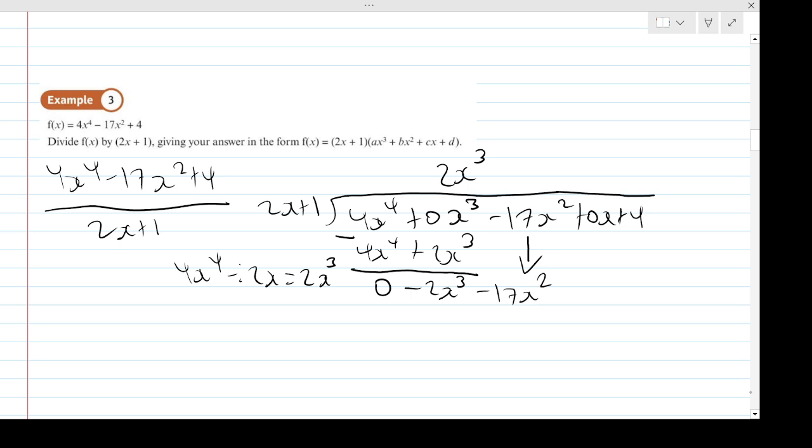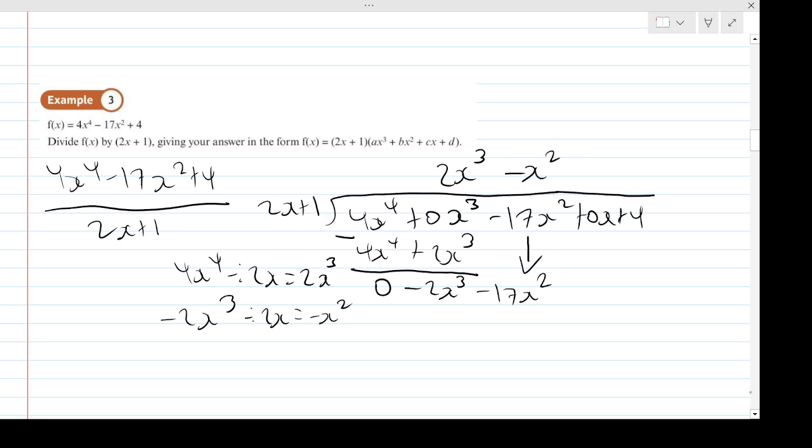So then what's the new highest power? Well, it's just minus 2x cubed. So then I need to do minus 2x cubed divided by the highest power, 2x here. And so that'll be minus x squared. So then I write minus x squared there in the x squared column. Okay, well then again I need to times this thing by every term outside.